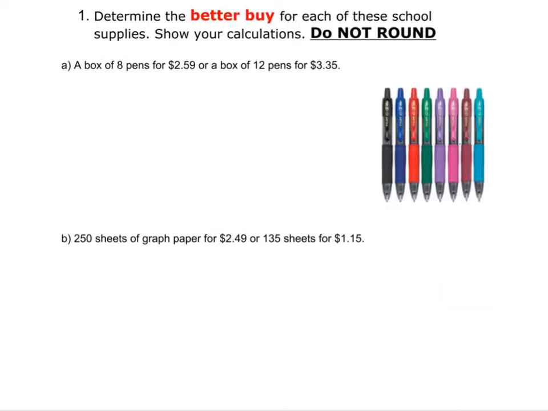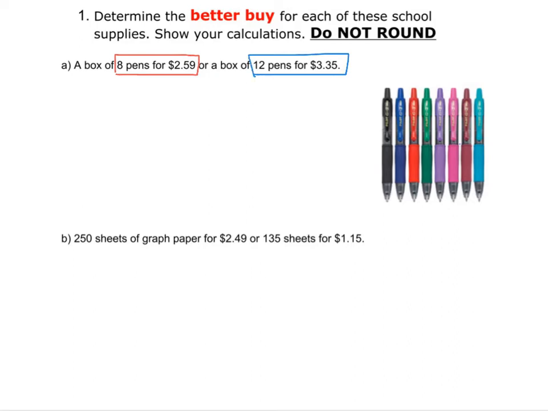So this question asks us to determine the best buy for each of the school supplies. Show your calculations, do not round. So over here you have two options. For pens, you have a box of 8 pens that are selling for $2.59, or you have a box of 12 pens for $3.35.